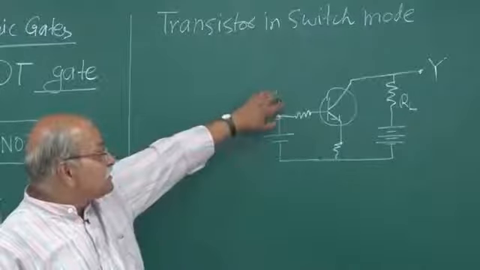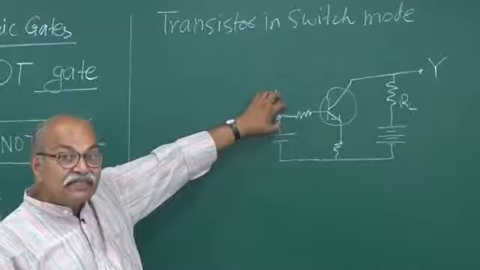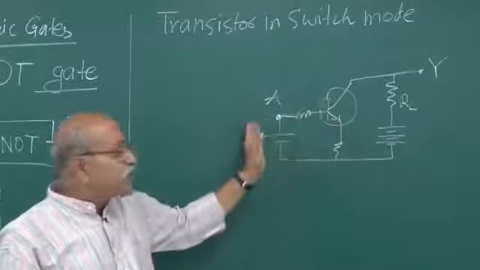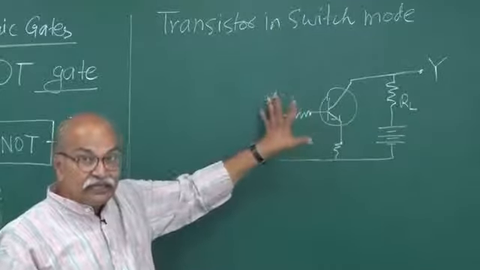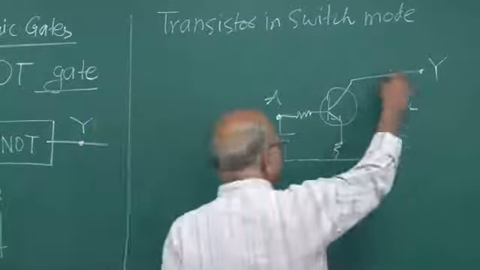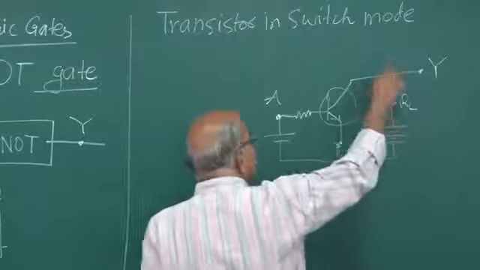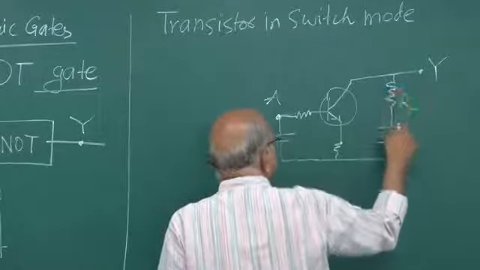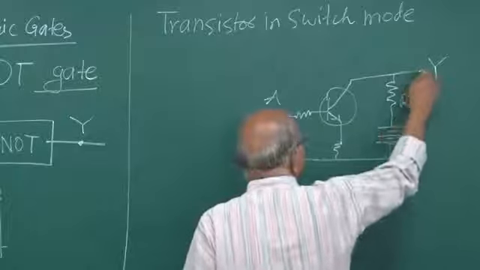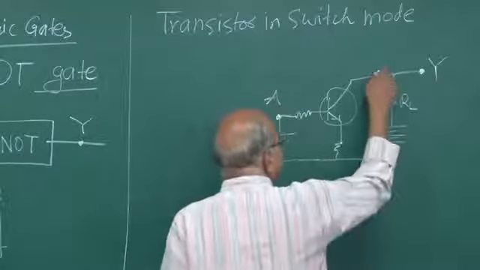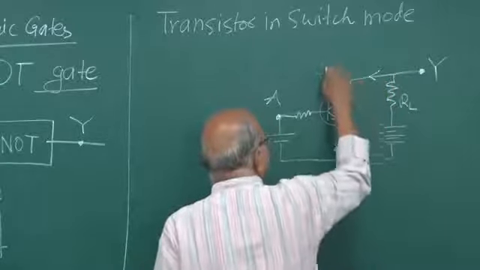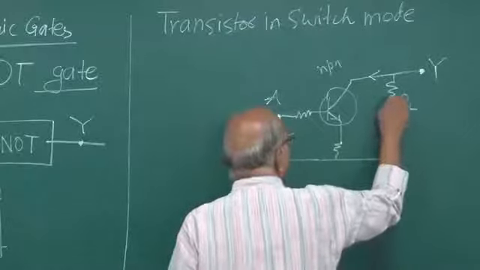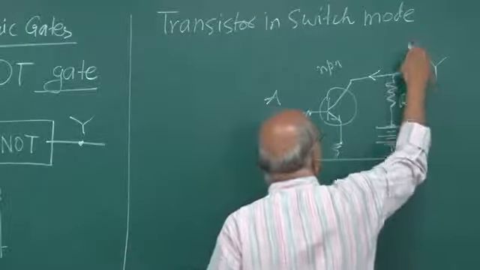If sufficient voltage is given here so that you have driven the transistor into saturation, then the maximum possible current goes through that configuration. The collector current goes like this, it is NPN, remember, so this is high voltage, but then you have a potential drop here and this becomes low voltage.